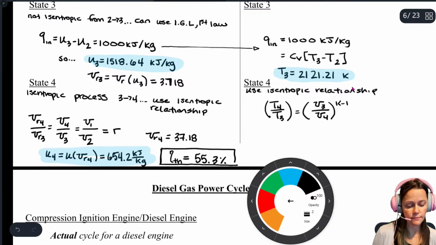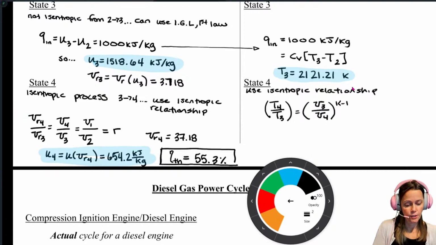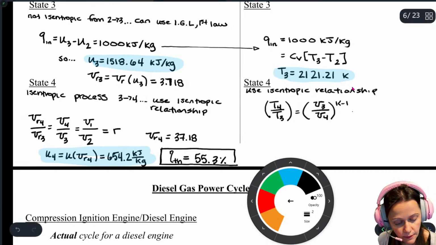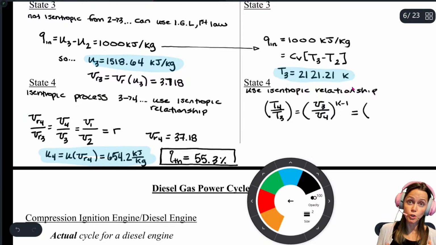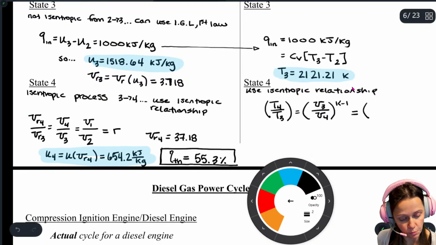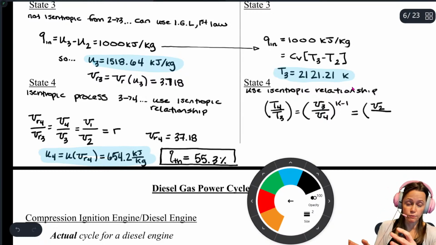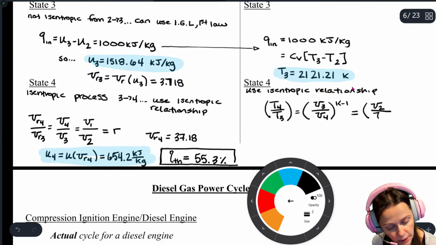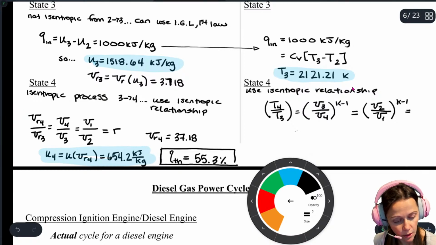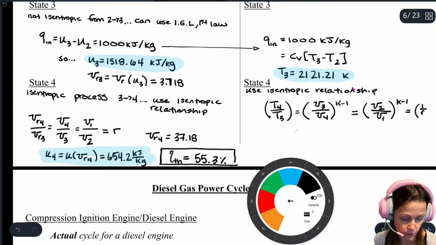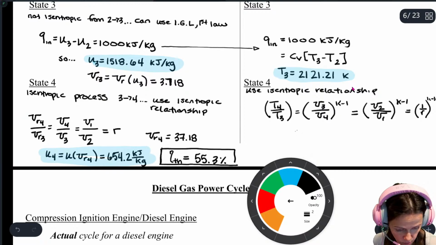So same kind of deal, right? I know that the process from 2 to 3 is a constant volume process, so V3 is equal to V2, and from 4 to 1 it's a constant volume process, so V4 and V1 are equal to one another. And so this just becomes 1 over R to the K minus 1.